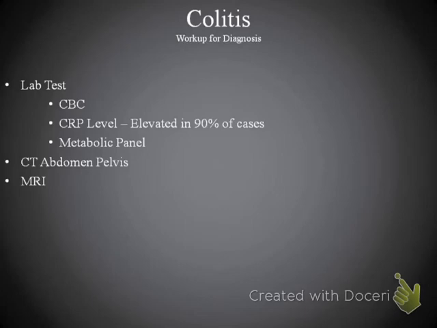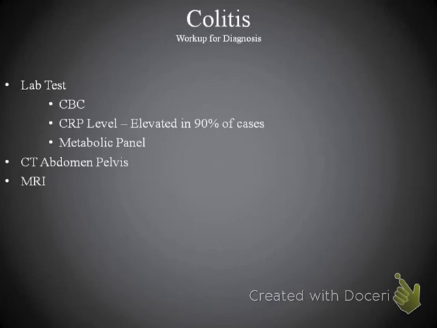Abdominal films such as flat and upright really are not indicative of anything here and cannot aid in the diagnosis. CT abdomen pelvis really can, and as we'll see, looks almost similar to Crohn's disease, but not quite. An MRI can perform this much the same way that CT can.